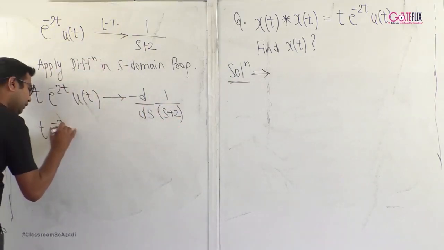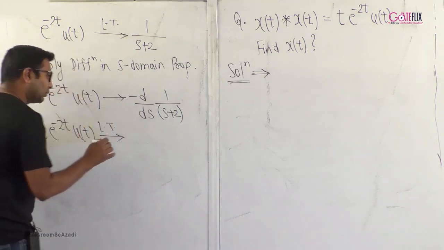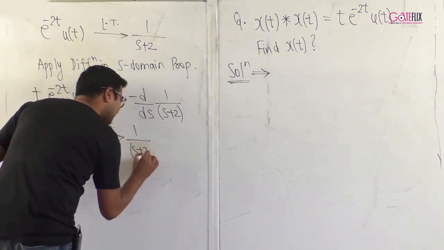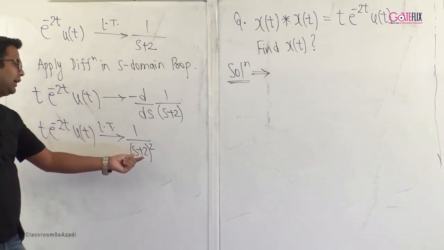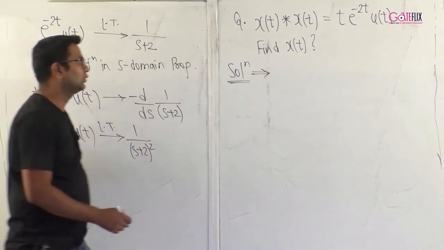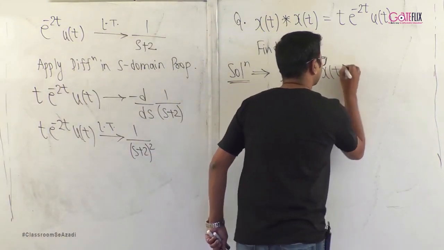Therefore, for t into e raised to minus 2t into u of t, the Laplace transform comes out to be 1 upon (s plus 2) whole square. So, the Laplace transform of t into e raised to minus 2t into u of t is 1 upon (s plus 2) whole square.